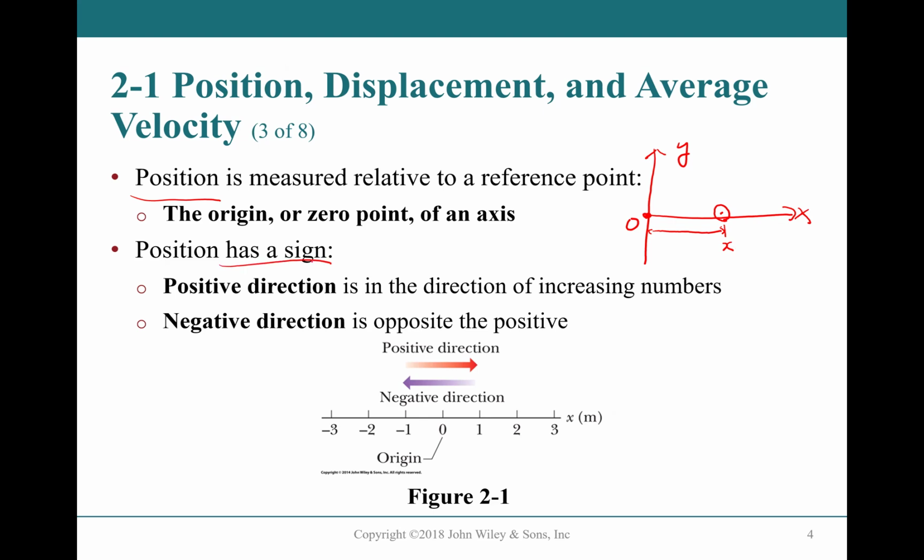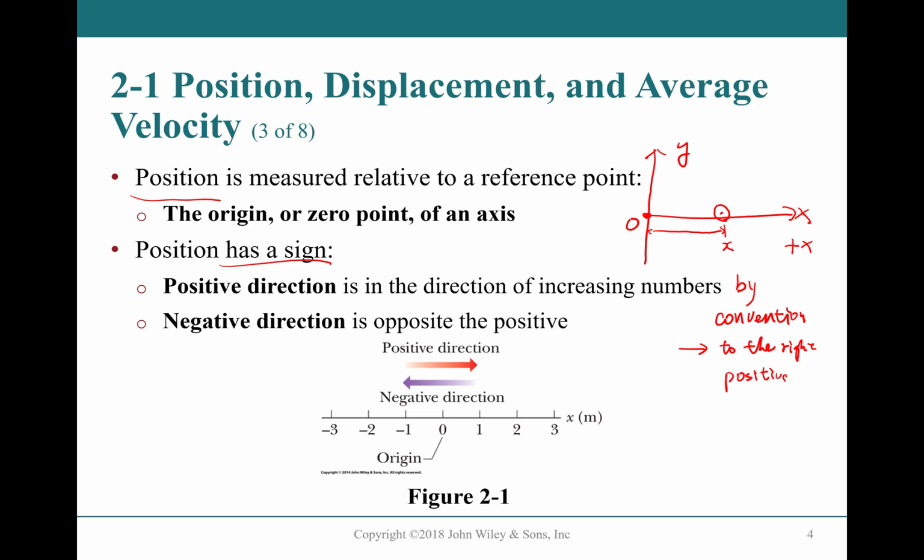And the position has a sign. Positive direction is the direction of increasing numbers. So usually, by convention, to the right is positive.